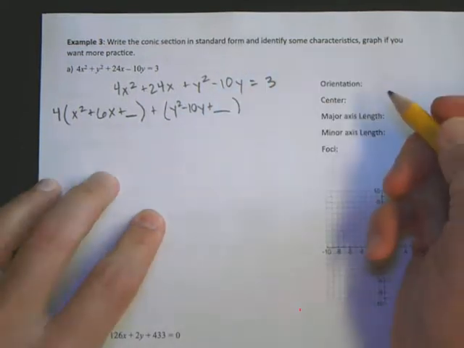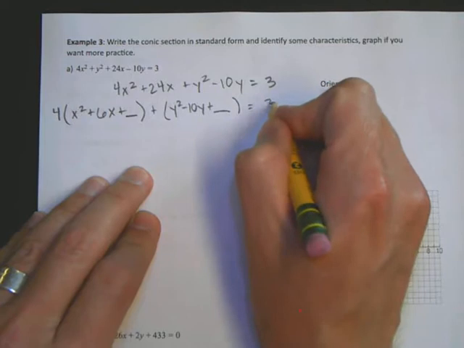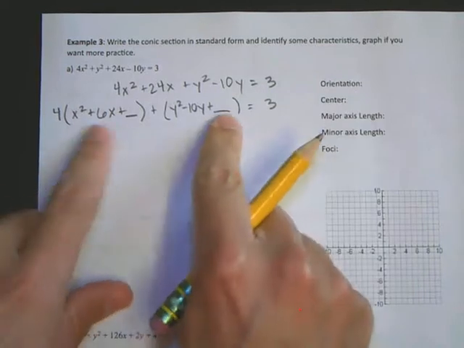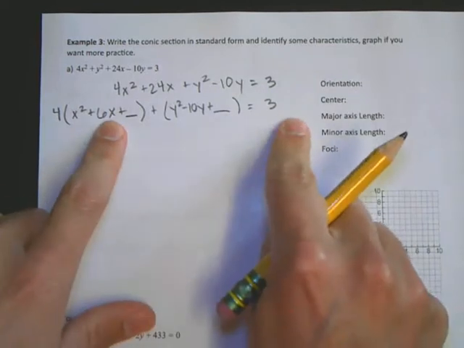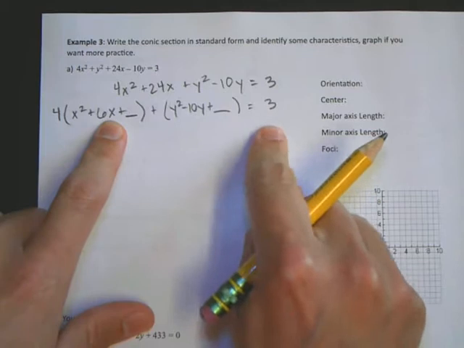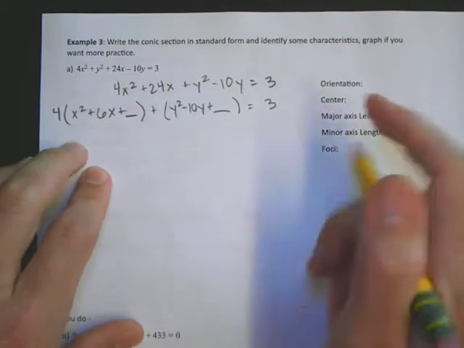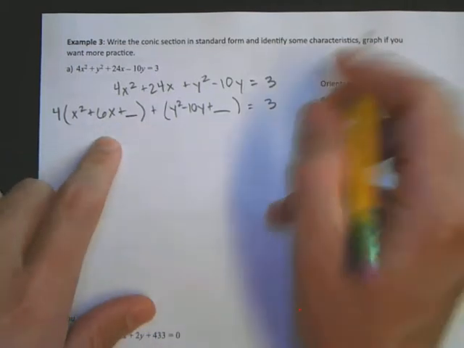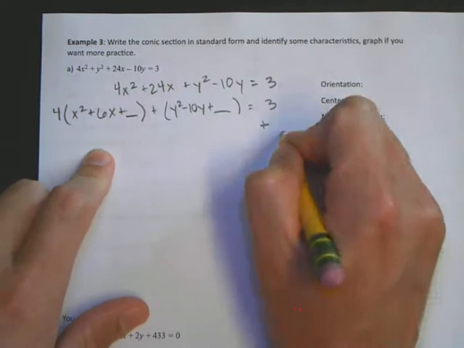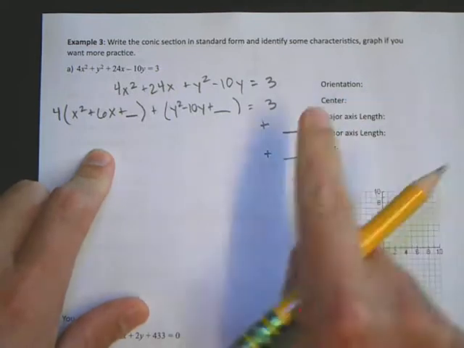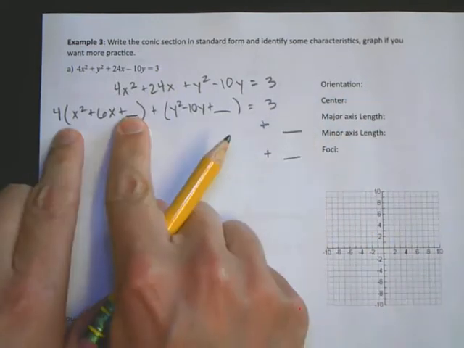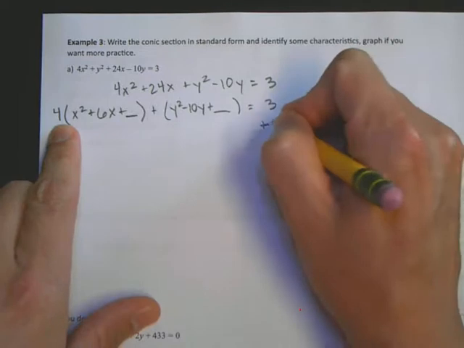Now, because I added some spaces here, I've got to add some spaces on the right side of the equation. Be very careful though, because this space is not just a space, it's 4 times a space. This space is just a space.